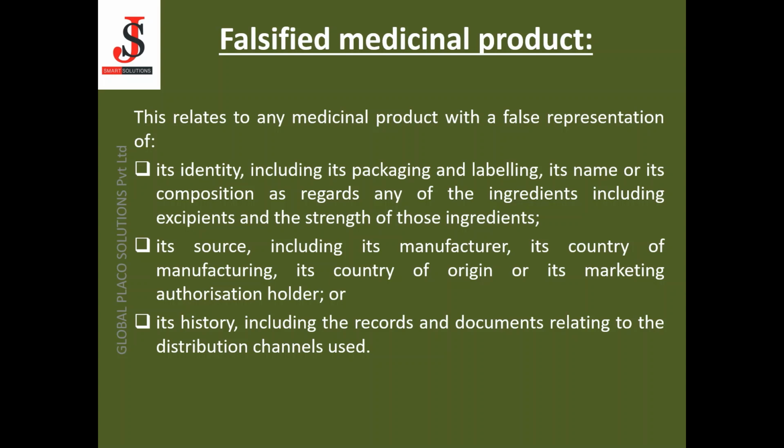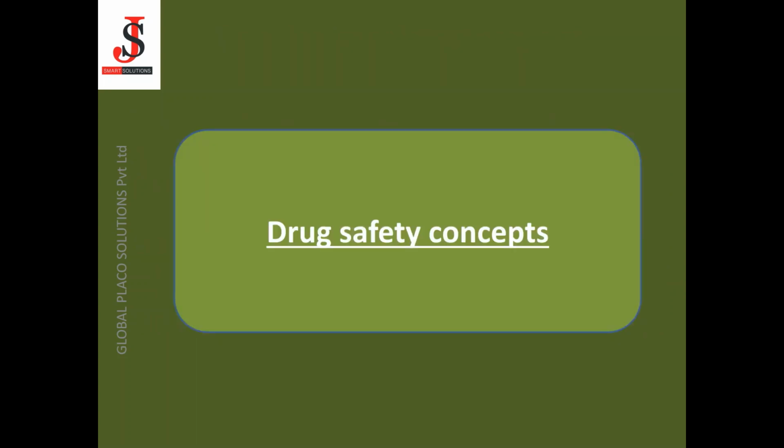This definition does not include unintentional quality defects and is without prejudice to infringements of intellectual property rights. This is just for your knowledge. These were the terms and terminologies which are used.